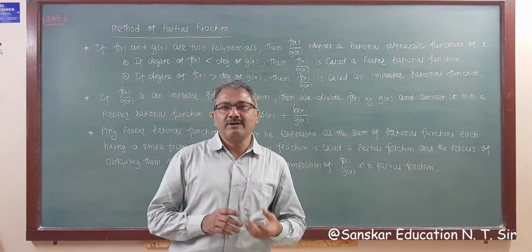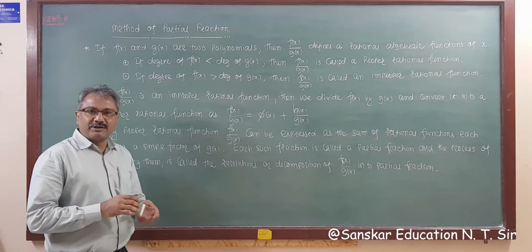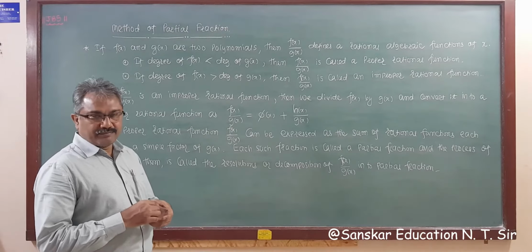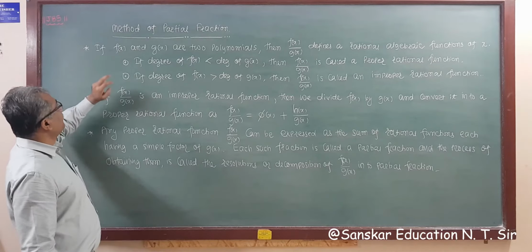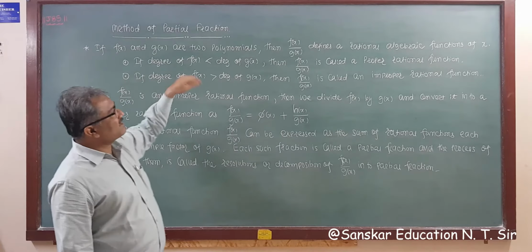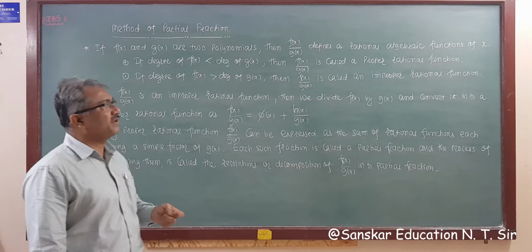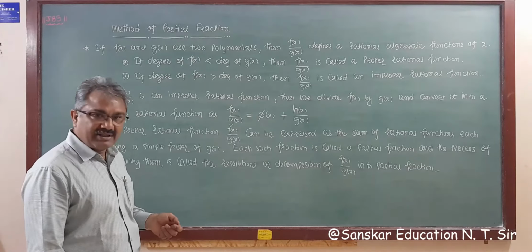Now, the first question is: when do we have to apply the partial fraction method? When the degree of the numerator is less than the degree of the denominator. See here, if f(x) and g(x) are two polynomials, then f(x) upon g(x) defines a rational algebraic function of x, which you also learned in relations and functions in 11th standard.